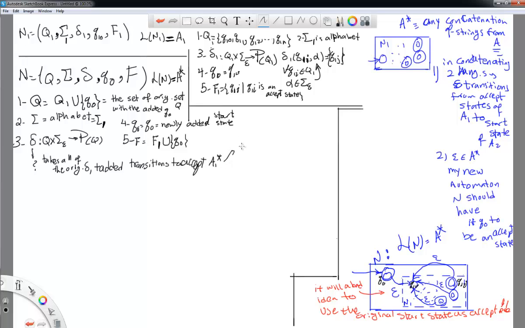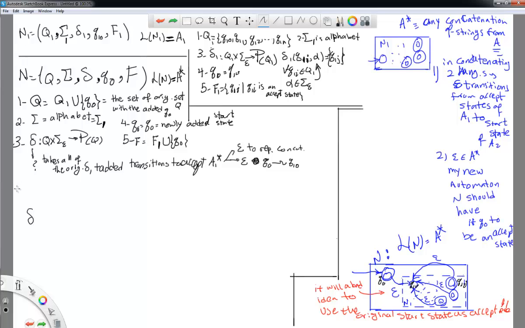These will be a bunch of transitions: all the epsilon transitions to represent the concatenations, also the epsilon transition from q sub 0 to q sub 1 0, which is the start state of the original automaton, and the non-epsilon transitions that need to go nowhere effectively if they do not represent strings in the A star language. So this is how I would write the delta.